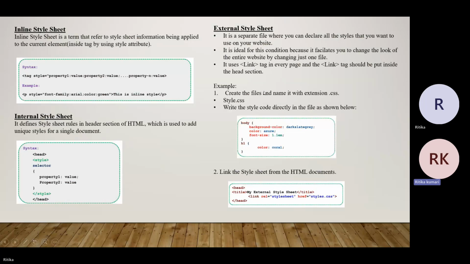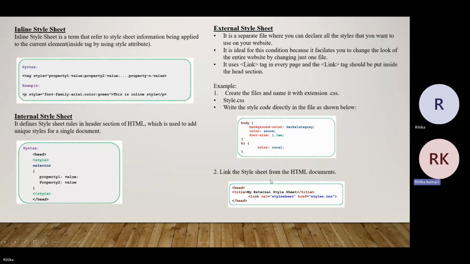So in this we are going to make a style.css file, and in that file we will write the code. For body, the background color is dark light green, color is azure, and font size is 1.1, and then header color is coral. Let us see example 2.